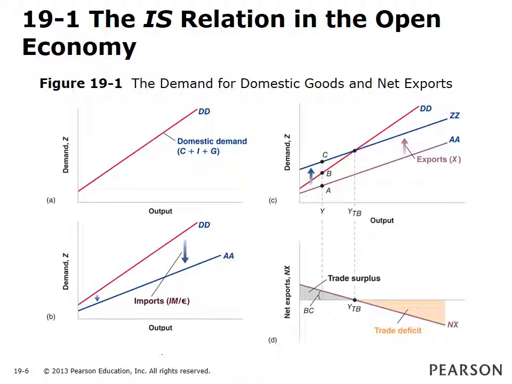At any output level to the left of the point where the lines DD and ZZ cross, ZZ is above DD and there is a trade surplus. Anywhere to the right, there is a trade deficit. The distance between the lines DD and ZZ gives us net exports at each level of output. Net exports, shown by the line NX, are negatively related to output since imports are an increasing function of output and exports remain constant.